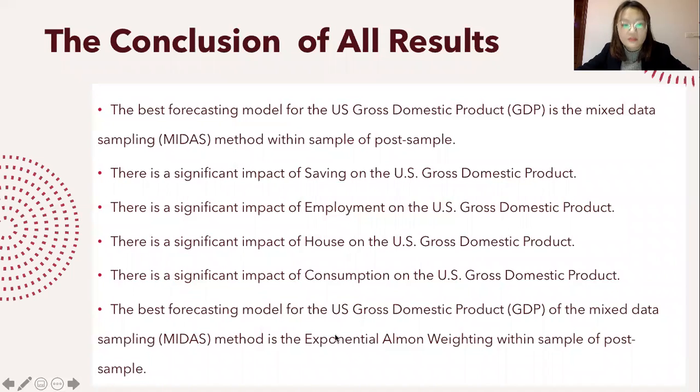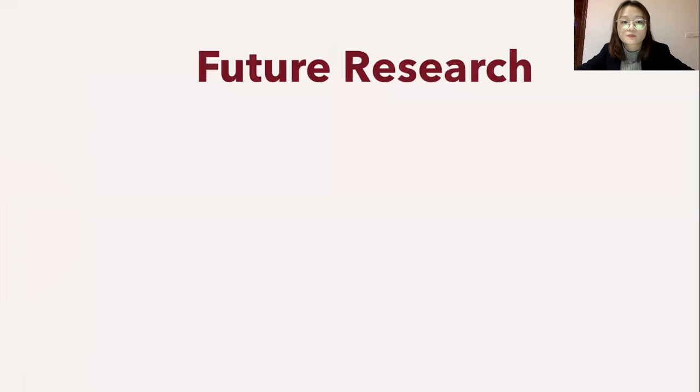Another conclusion is about the MIDAS: the best forecasting model for forecasting the GDP in the United States is exponential Almon weighting, in the post samples. And that is all the conclusion about my research results.